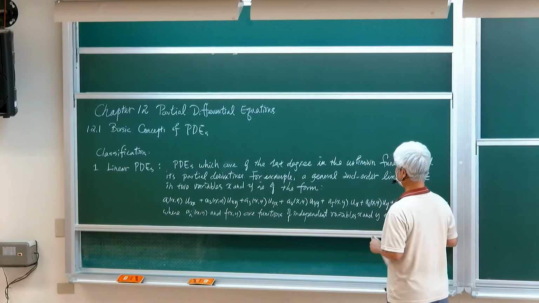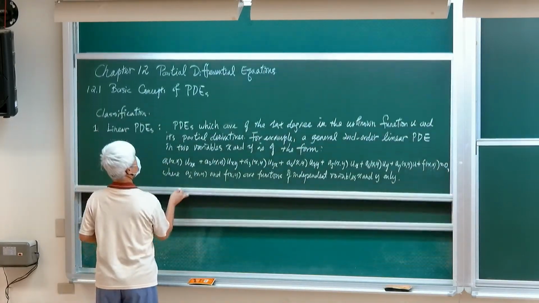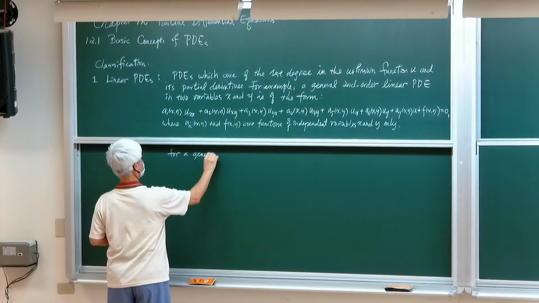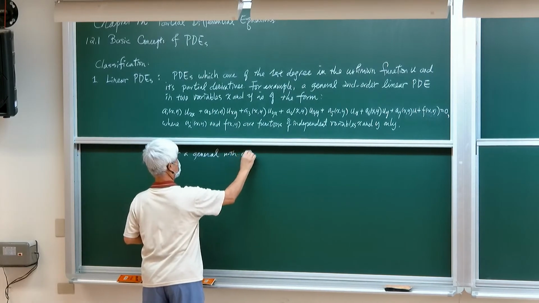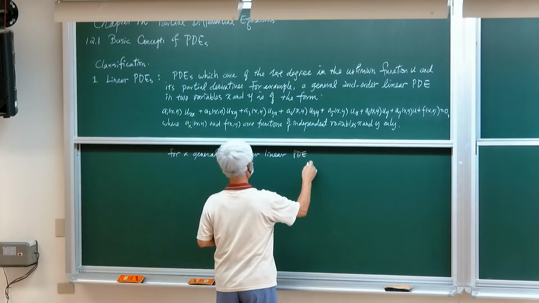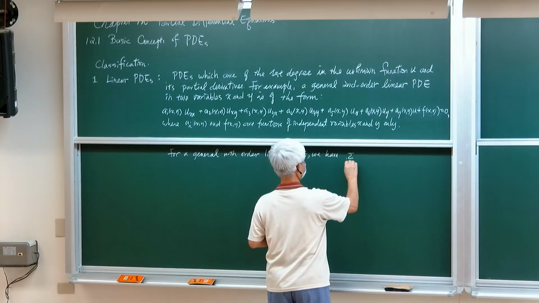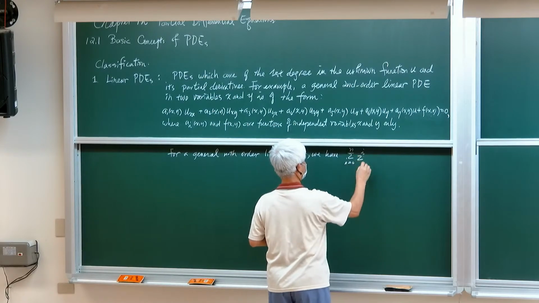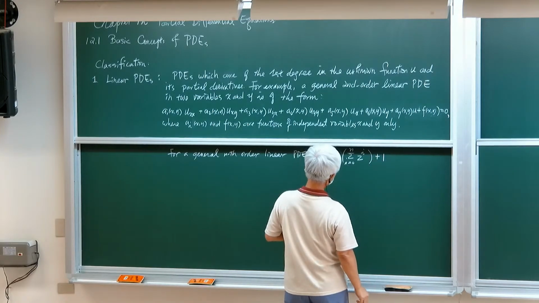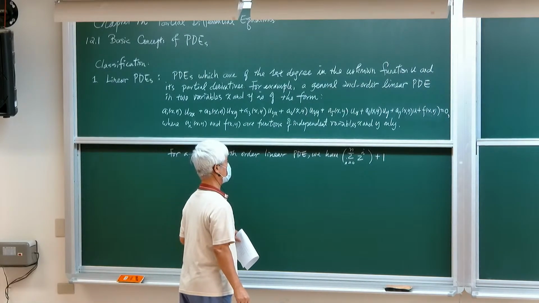So how many terms do we have? Well, for a general nth order linear PDE, we have the sum of 2 to the i-th power, i from 0 to n, and what is that?